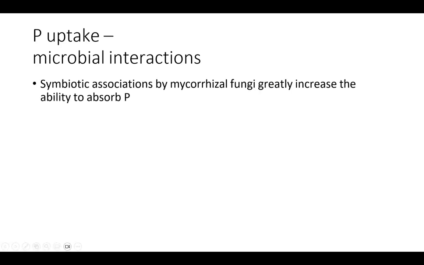There are microbial interactions. Symbiotic associations by mycorrhizal fungi greatly increase the absorption of phosphorus into the roots. Mycorrhizal fungi are very important in phosphorus-limited plants where you don't have a large amount of soluble phosphorus. Therefore, they are quite important in the uptake of phosphorus, especially in areas where you may have limited phosphorus in the soil.